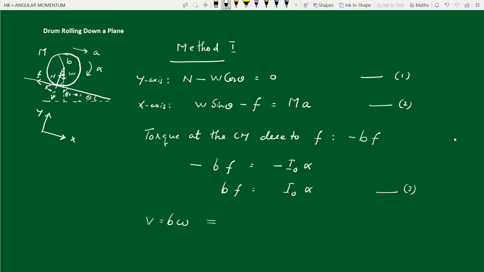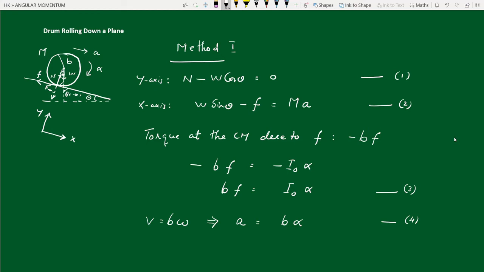If you take the time derivative on both sides, dv by dt is acceleration A, and B times d omega by dt is angular acceleration. So linear acceleration is equal to B times angular acceleration. Using these four equations, the aim is to calculate the acceleration of the body.